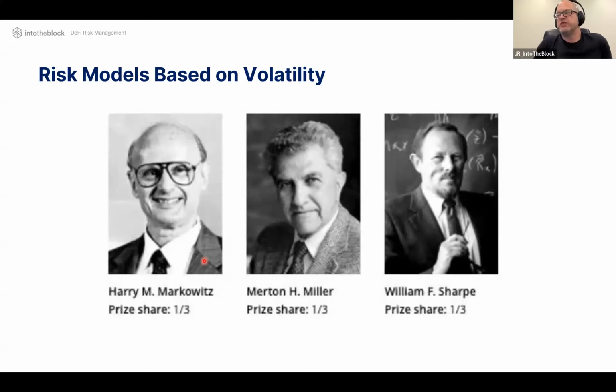One of his students, William Sharpe, improved on that, creating the capital asset pricing model that essentially allows you to model risk and returns on top of a portfolio. And Merton Miller did an optimization on that related to loans versus equities in portfolios. The combined work of them was awarded the Nobel Prize in 1990.